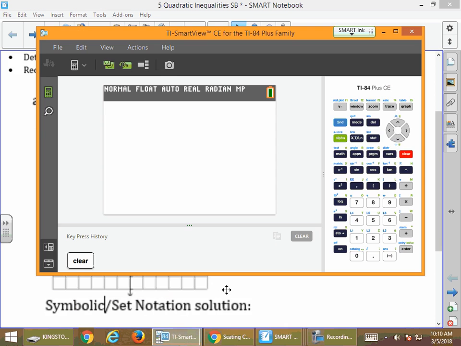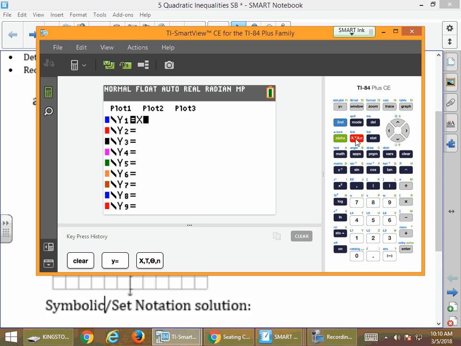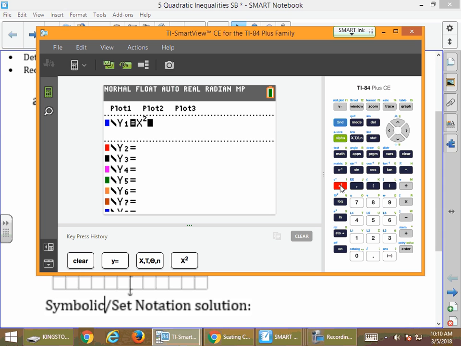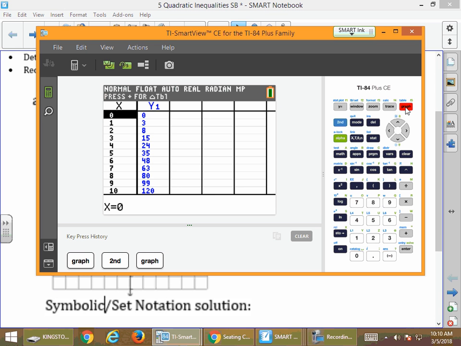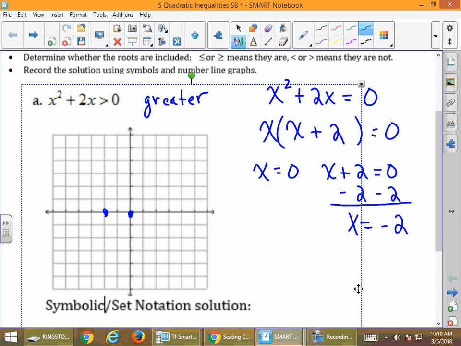Really, the most important here is that we do have a sketch, but if you go to y equals, and we type in x squared plus 2x, and graph, we'll see our picture. And in fact, we can look at the table and get a couple values for this, like -3, 3.